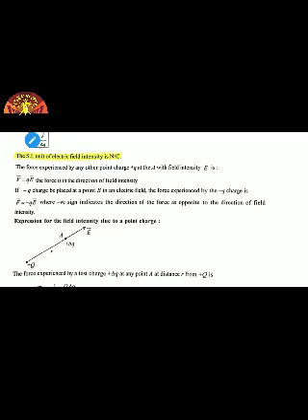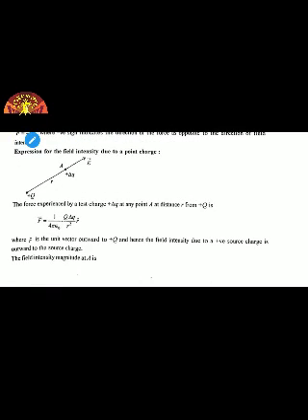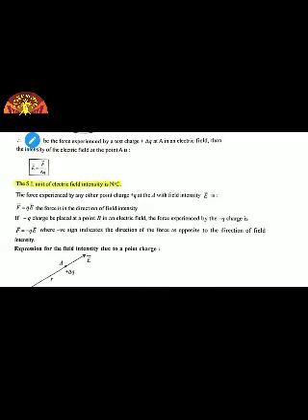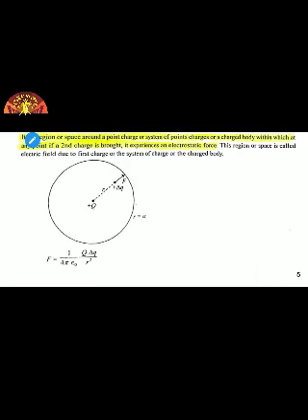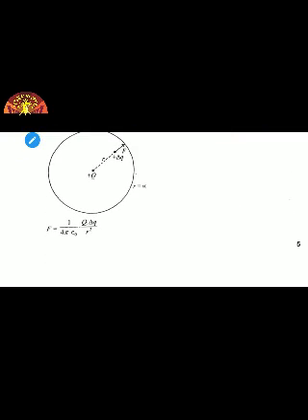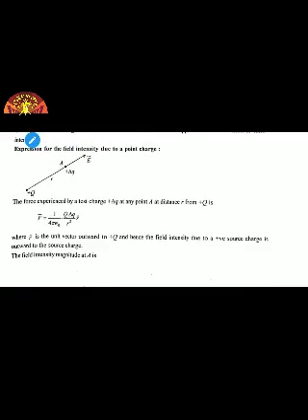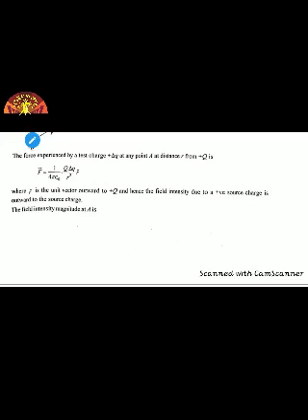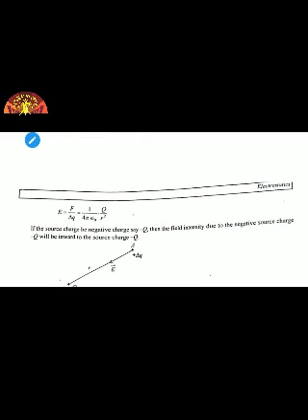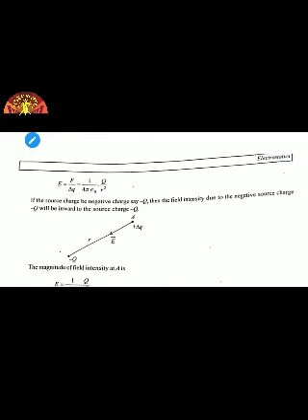Here we calculated the force previously: F equals k Q1 Q2 by r square. Taking the same force, when we use the formula E equals F by del q, we get kQ by r square.